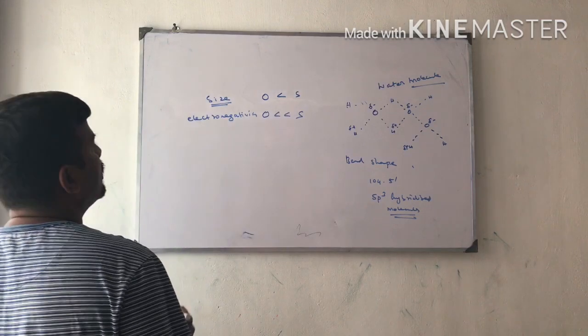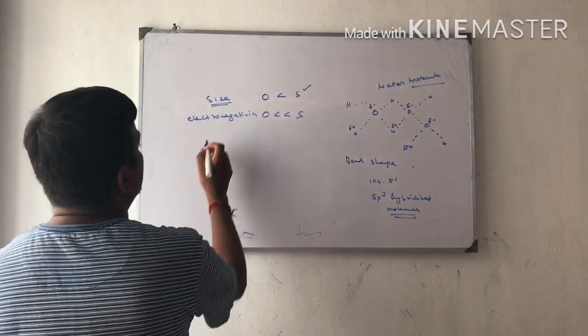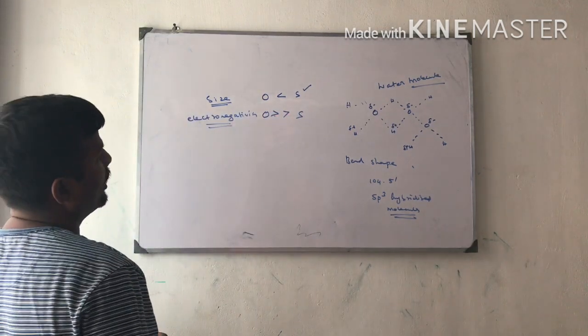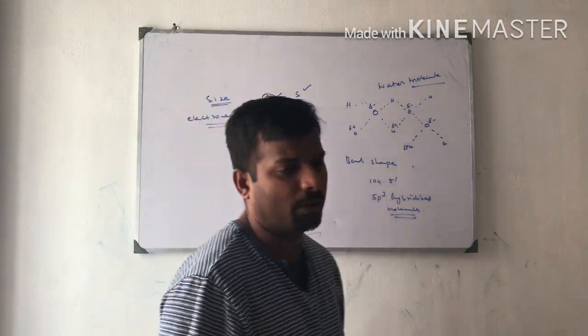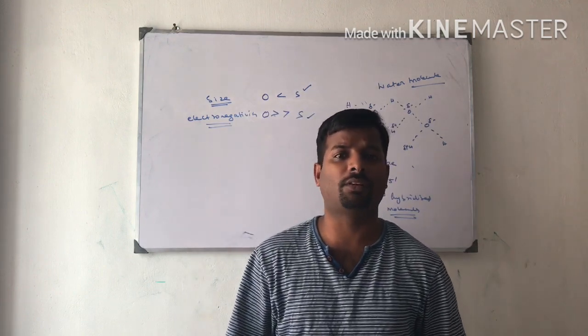These are the terms related to it. So the size of oxygen is smaller than sulfur, and the electronegativity of oxygen is far greater than sulfur, very high. These are the reasons that hydrogen bonding in water is stronger than in H2S.